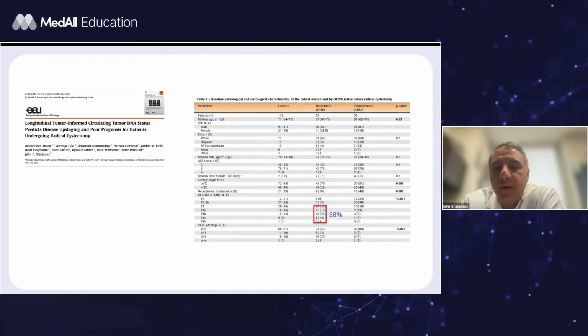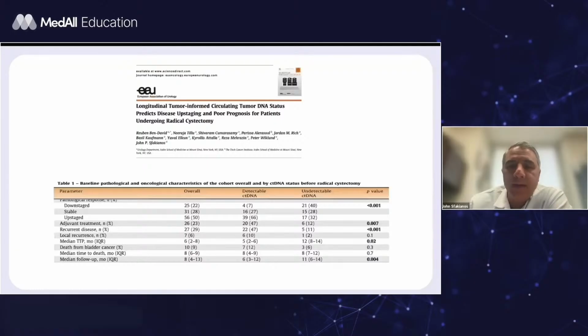Very interestingly, what we saw is that of the detectable patients, 88% were muscle invasive or higher, and 44% were node positive at the time of cystectomy. And then we have shown that a detectable ctDNA prior to cystectomy is actually predictive of upstaging as well as node positivity.